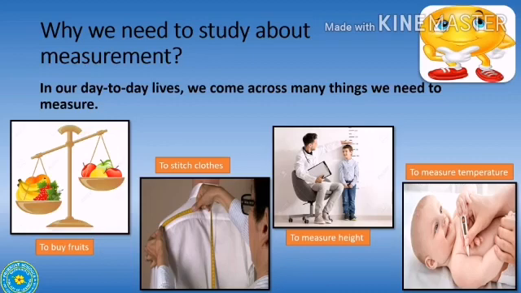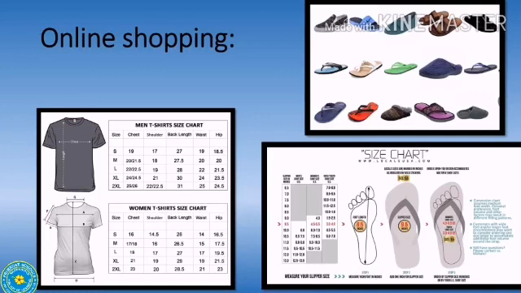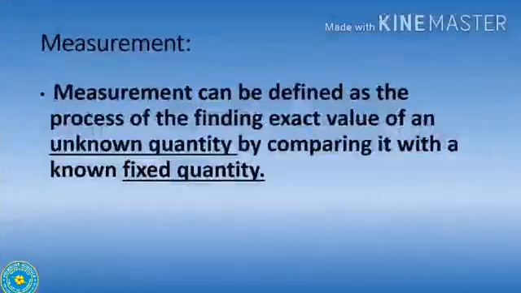For example, to buy fruits, to stitch clothes, to measure height, to measure temperature. And when you do online shopping, you will see a size chart. The size chart has many measurements. So, measurement plays a very important role in our life. So, we need to learn about it.